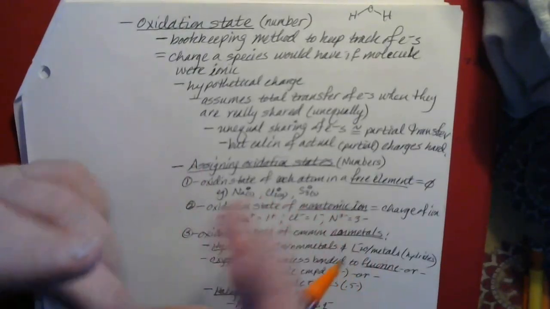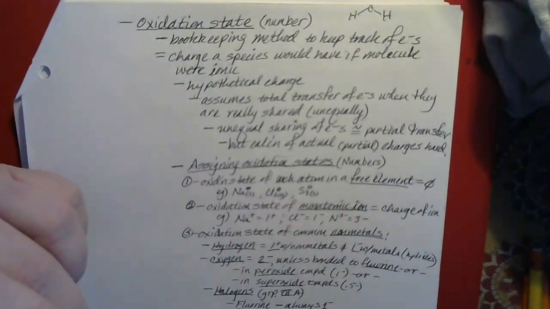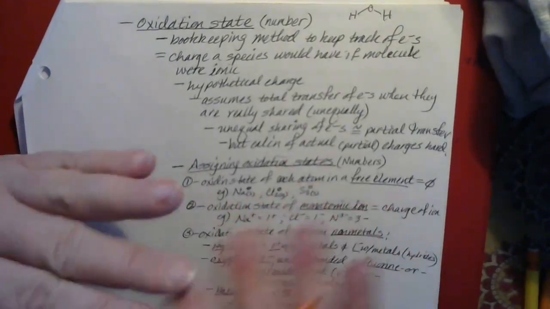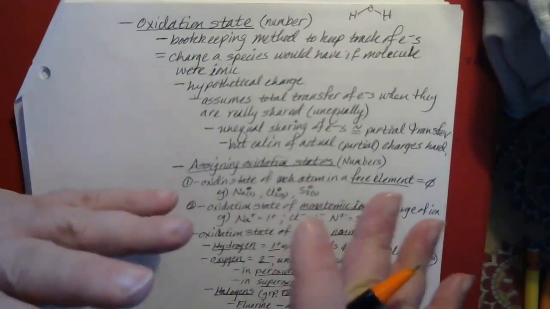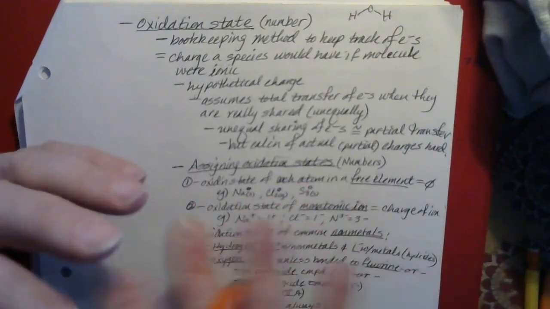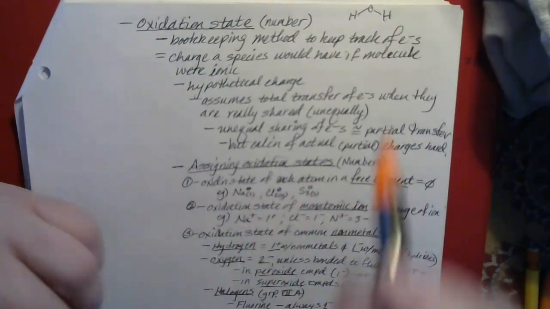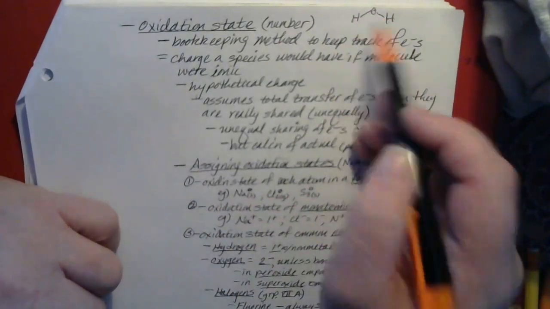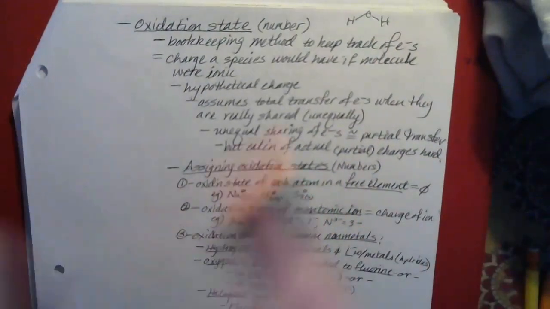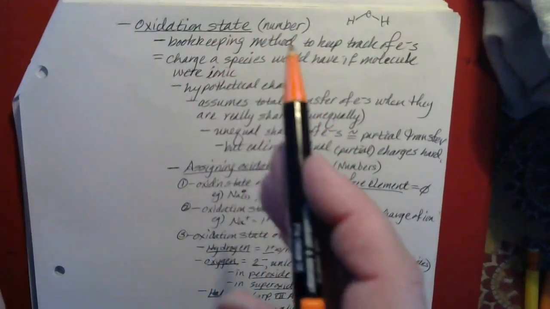It's not, so these charges are not real, but they're useful for bookkeeping purposes just to keep track of where the electrons are. So the overall number of electrons in the molecule will be the same either way, whether you figure out the real partial charges or whether you just use these hypothetical oxidation states.